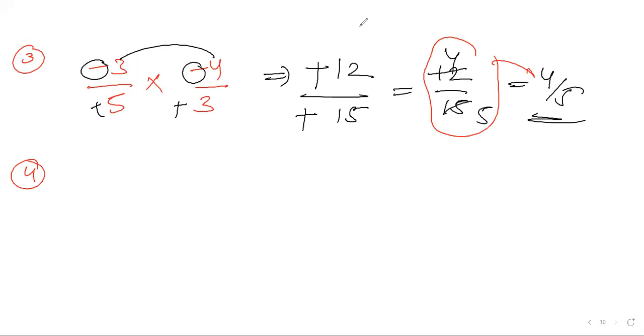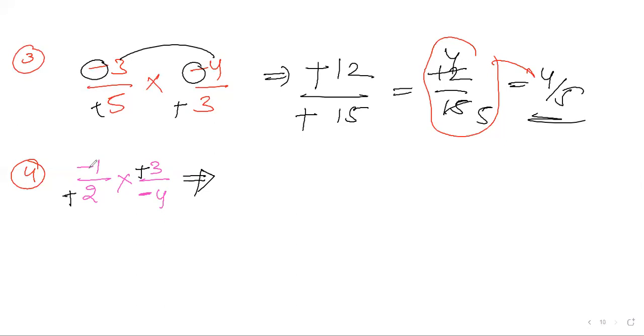Next, one more question here. Minus 1 by 2 into 3 by minus 4. This is a simple analysis. Nothing is there. You can take it plus.